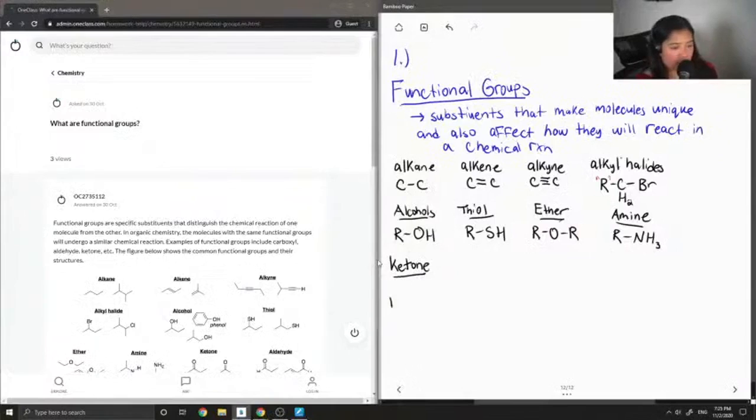I'm going to draw it like this. This is when you have a double bonded oxygen in the middle of two carbons or carbon groups. Another way that we remembered this is that you put the key in the middle of two R groups, so ketone.